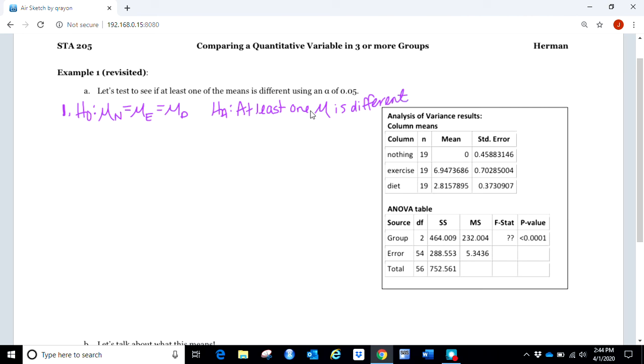Our step 2 is the same as it's always been. So we will still reject the null hypothesis and instead believe the alternative hypothesis if our p-value is less than our significance level, which here was told to be 0.05.